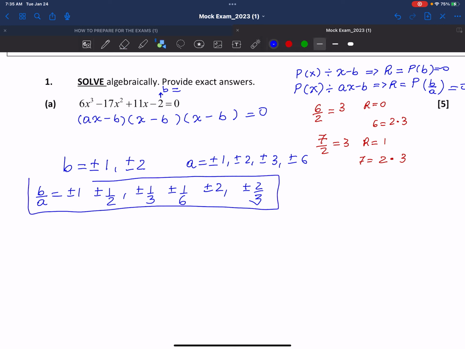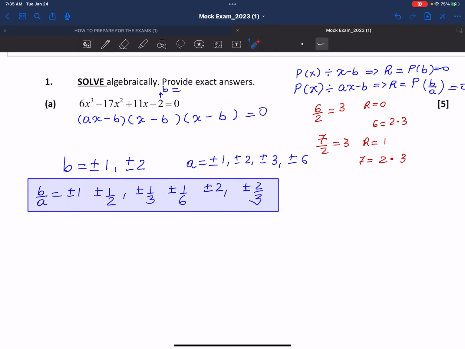So we have to search now for the values of b over a that will give the polynomial a value of 0. In this way, we can use these b and a values to form the factors. Now, I want to draw your attention to the leading coefficient 6. The number 6 can be broken down into the factors 6, 1, and 1, or 3, 2, and 1.